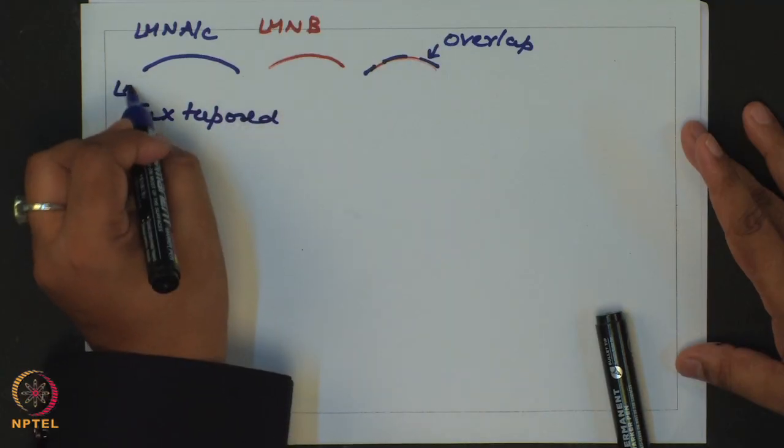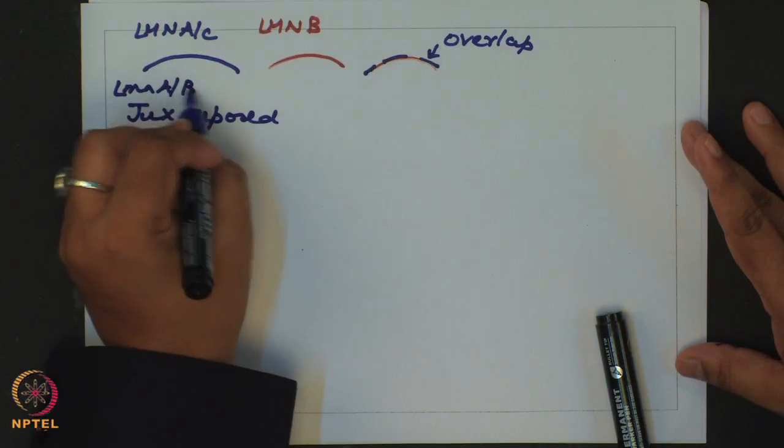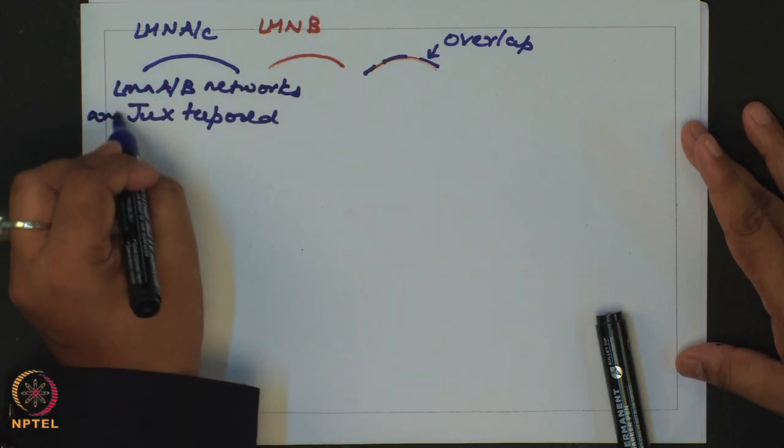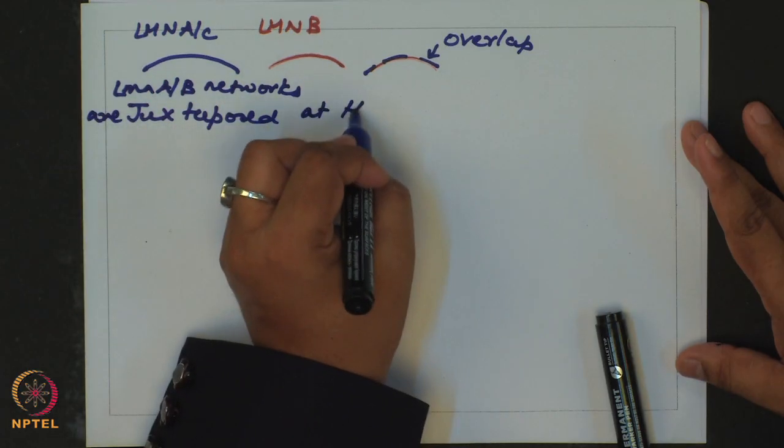So, lamin A/B networks are juxtaposed at the nuclear membrane.